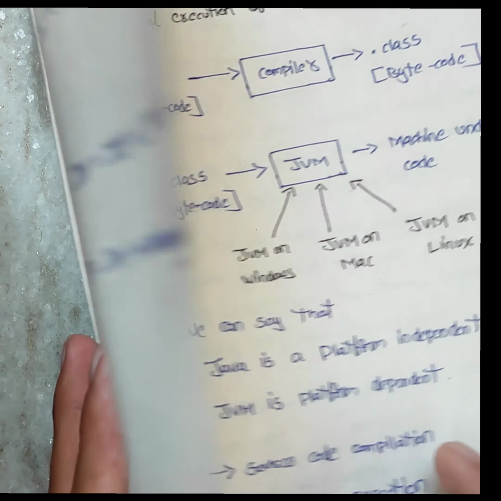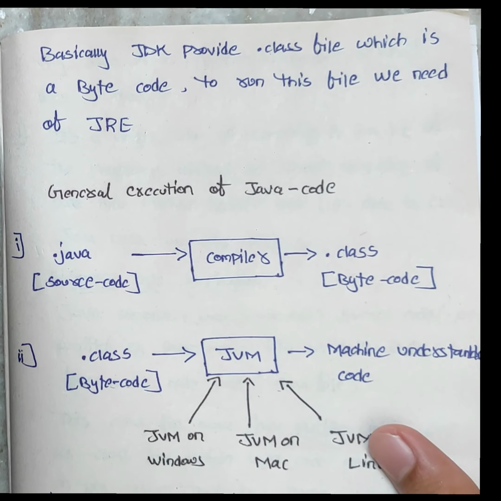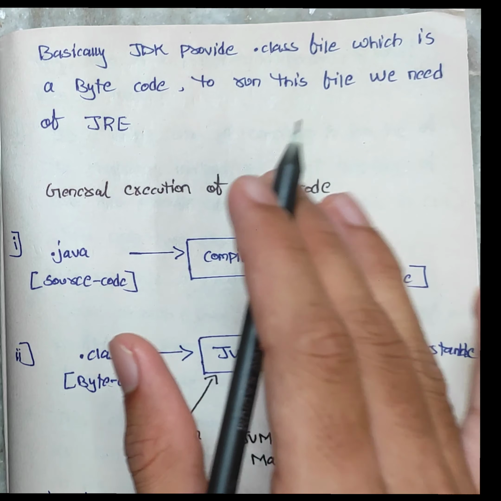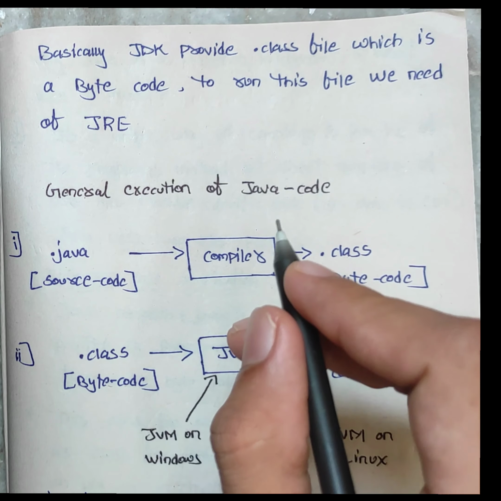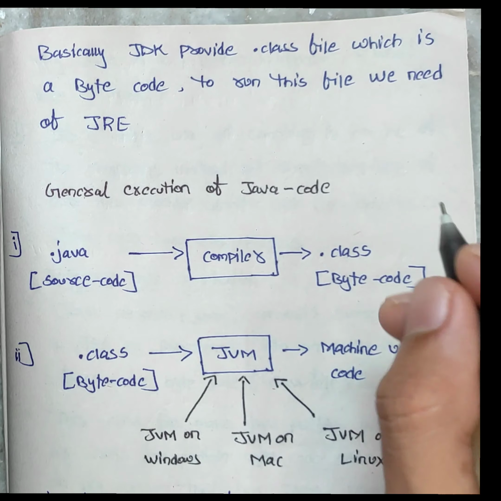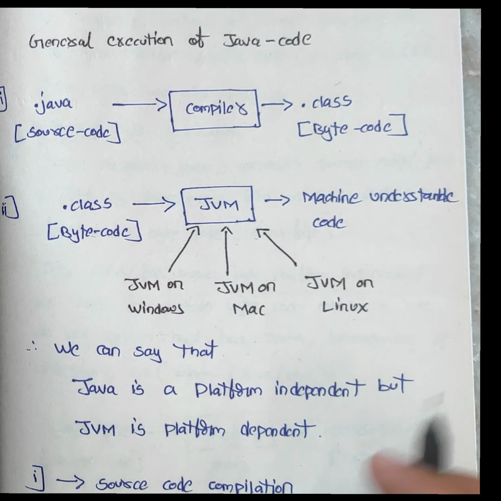This is the extra information I want to give for understanding JVM. Basically, while compiling our Java code, the .java file is converted into a .class file after compilation. This process is called source code compilation.